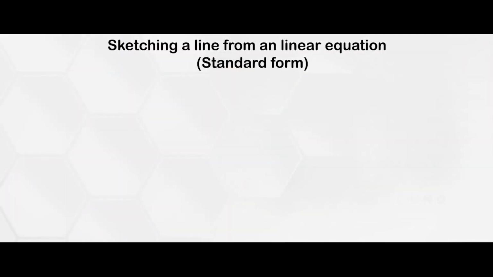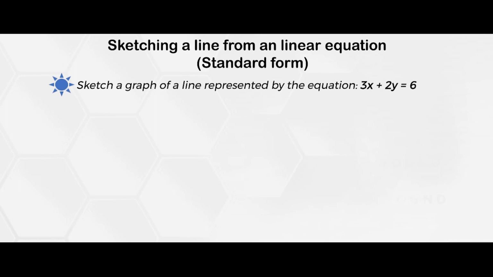Now, with this understanding of x-intercepts and y-intercepts, let us try to sketch a line from a linear equation which is in the standard form. So we have a task here. It says, sketch a graph of a line represented by the equation 3x plus 2y equals 6.